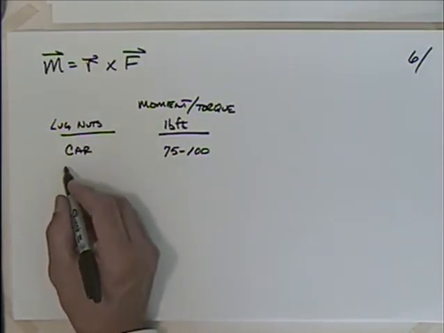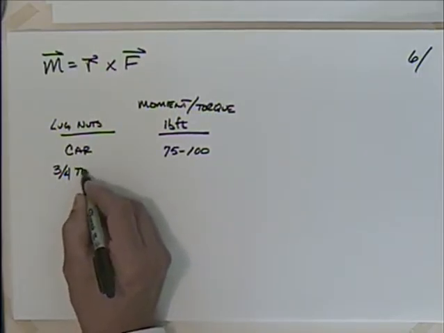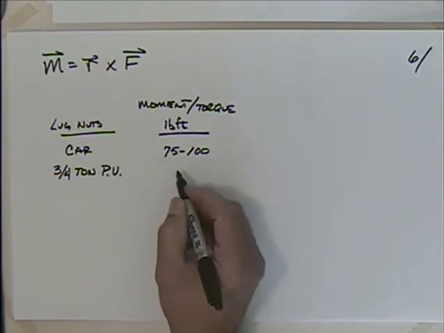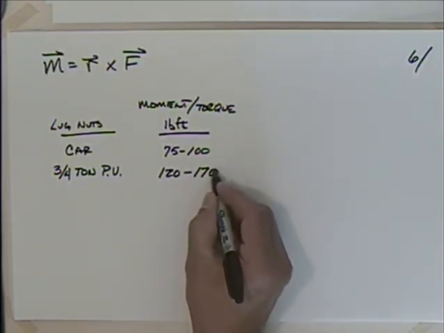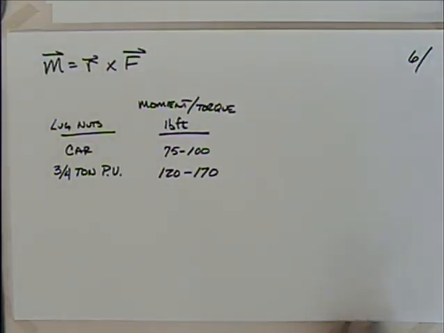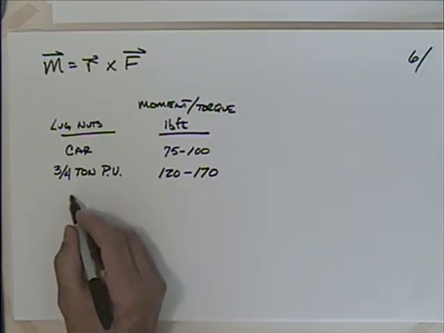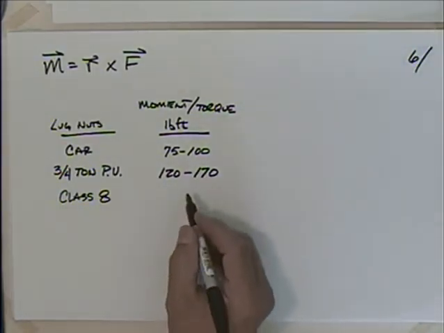If we go to a 3/4 ton pickup, we're probably looking somewhere between about 120 to about 170 pound-feet of torque. If you start to get into large trucks, let's say class 8, we usually have someone that's working their way through school at Les Schwab who knows these numbers off the top of their head.